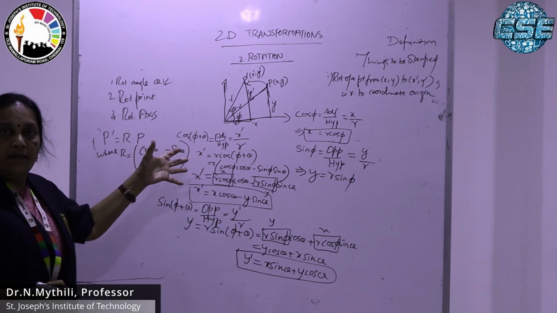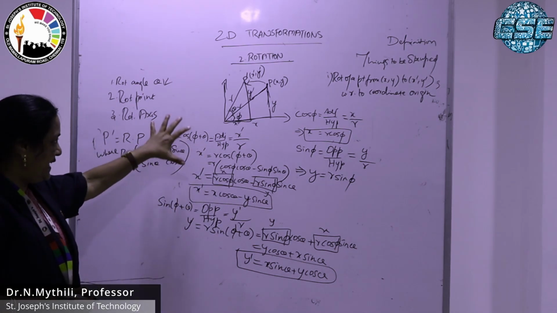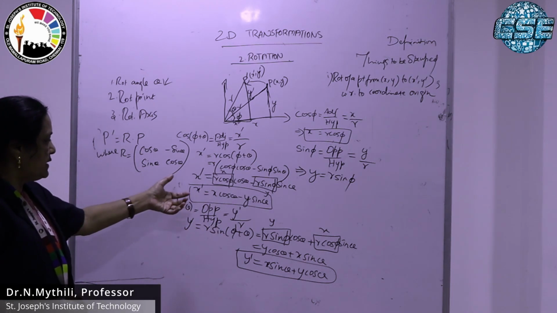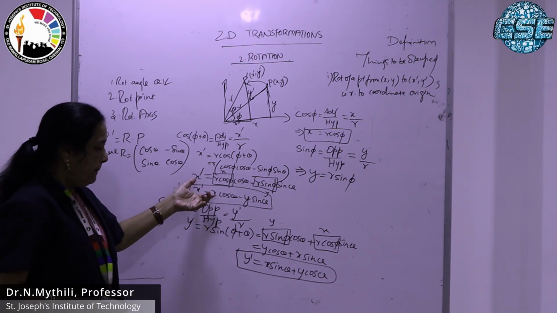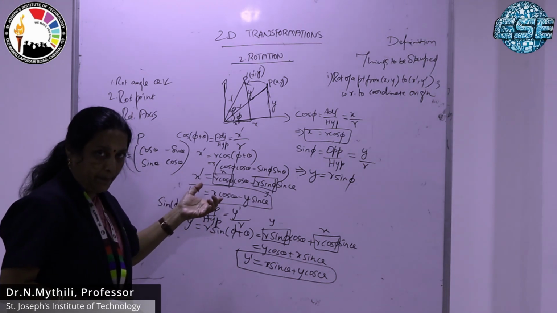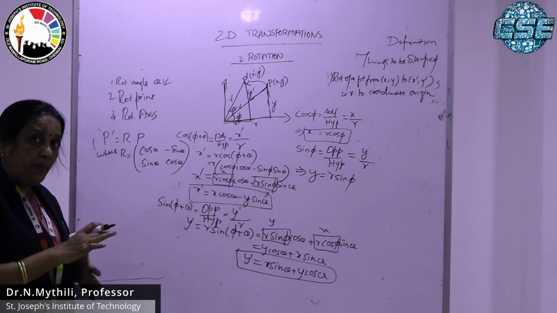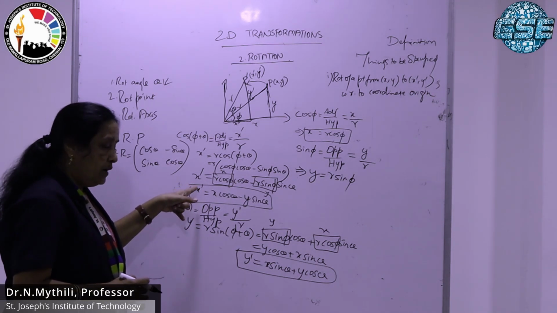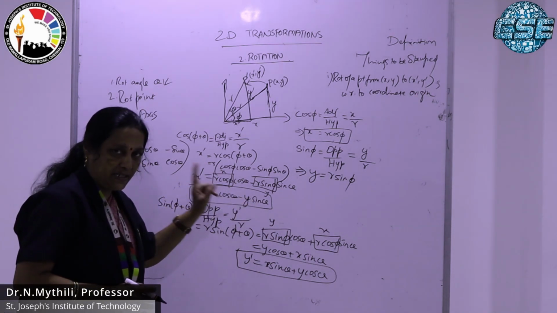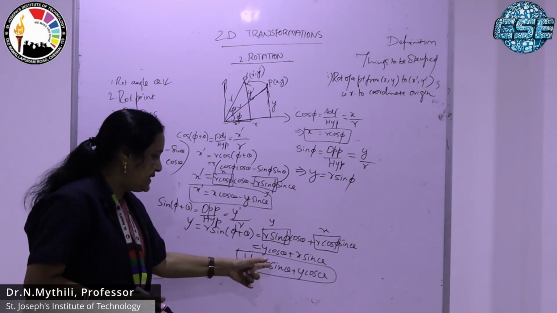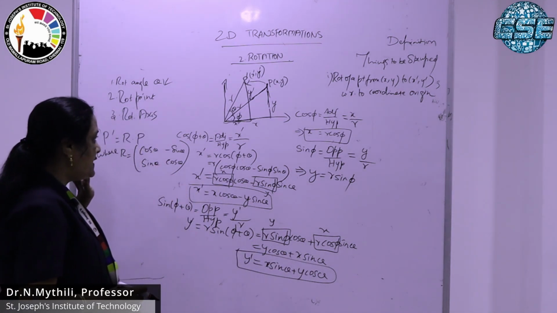Hope you understand the rotation equation. So this is the rotation equation for the new coordinate point. The transformed rotation point of x dash is x cos theta minus y sin theta, and for y dash is x sin theta plus y cos theta, right?